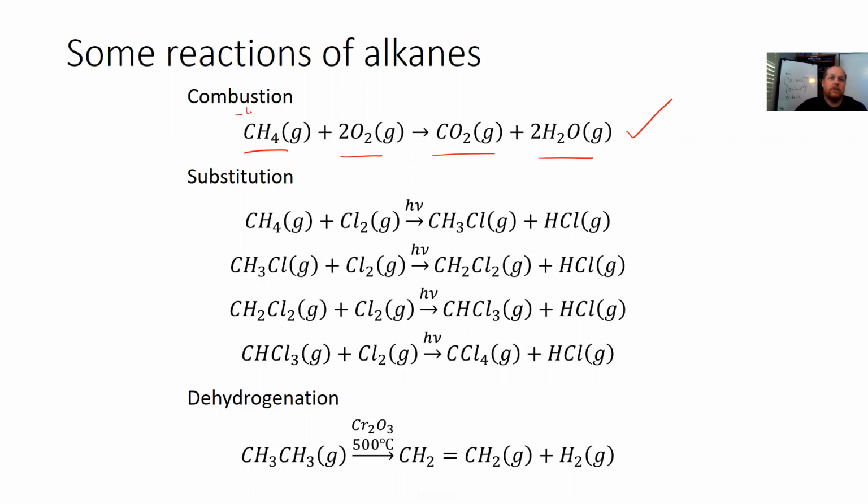But in carbon dioxide, the carbon is +4. Right? Oxygen, of course, is 0 in oxygen gas, and it's -2 in carbon dioxide and in water. Of course, the hydrogen is +1 on both sides of the chemical reaction.